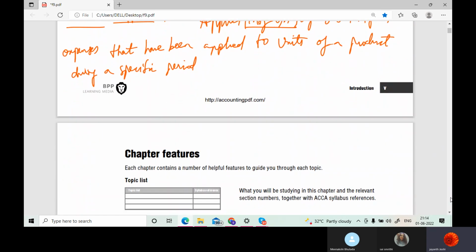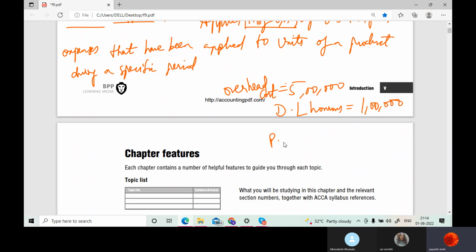For example, you have 5 lakh as your overhead costs, and the direct labor hours, that means laborers are working, are 1 lakh hours in a year.